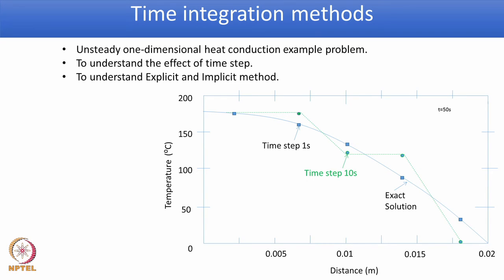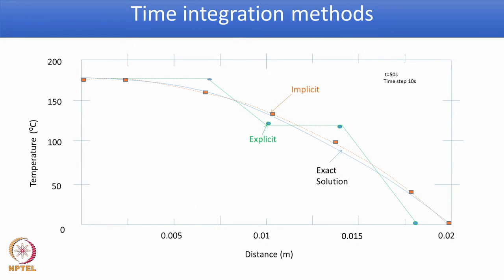So, in the next plot for the same problem, if you incorporate an implicit scheme, you see the performance for the same final time of 50 seconds and delta t of 10 seconds.